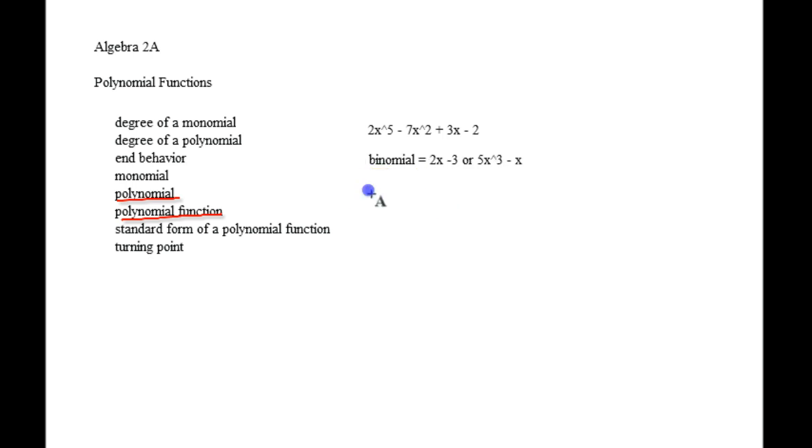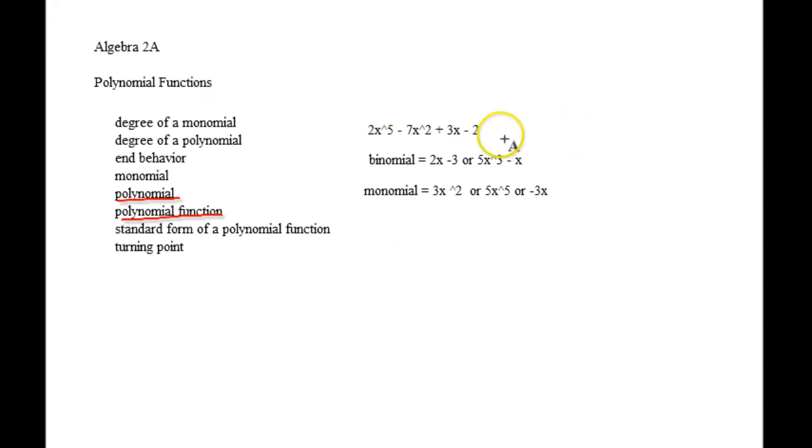A monomial would be just one term, like 3x to the 2nd, or 5x to the 5th, or negative 3x, just plain old 3x. A polynomial is one that has 4 or more terms.